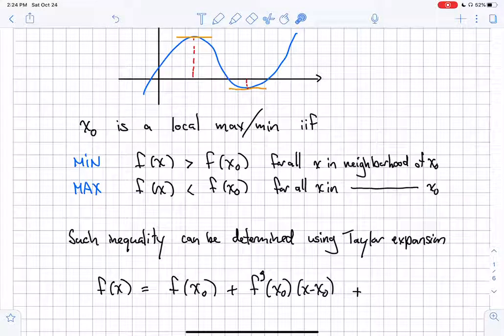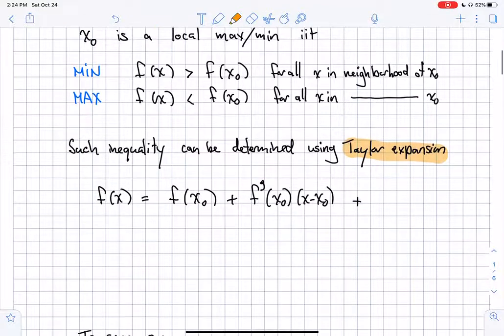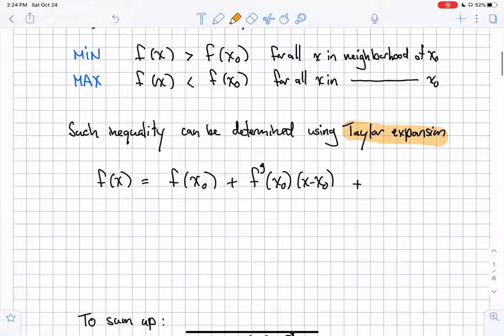All right, now how do we develop the test? The key idea is again the Taylor expansion, one of the most important objects in calculus. So what's the expansion? We know that f of x is, at zeroth order, the value of the function at x0, plus the linear part, f prime of x0 times x minus x0, which gives you the approximation of the function as a straight line.